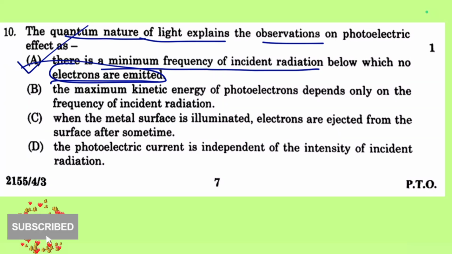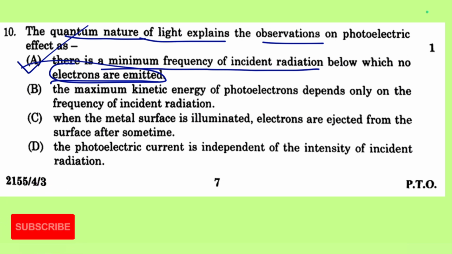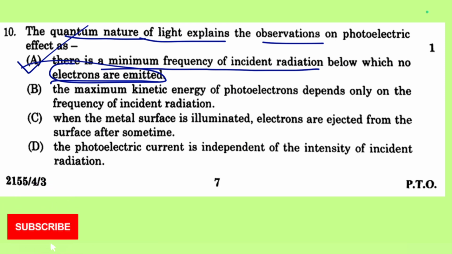Now why? Because whenever you read the definition or the principle of the photoelectric effect, it is given there that when light having a particular minimum frequency is incident on any material or surface, then it will eject electrons, or it will conduct the photocurrent, otherwise it will not emit electrons from it.